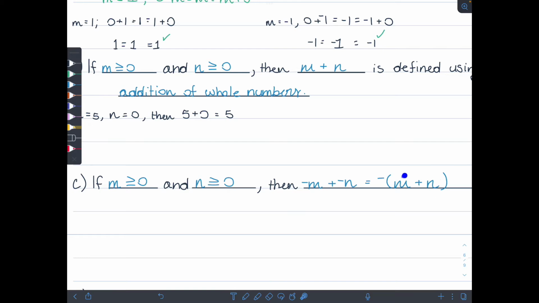Doesn't this prerequisite here and this m plus n look similar to the previous one? Well, yes it does. So let's use the same numbers as before. m should equal 5, n should equal 0. That means, hold on. There can't be any negative 0. Negative 0 doesn't exist. So let's change n to 1.